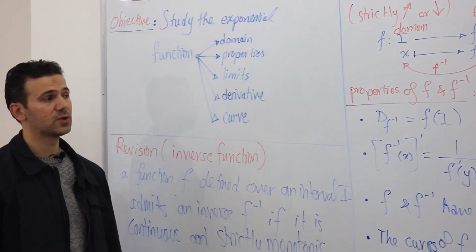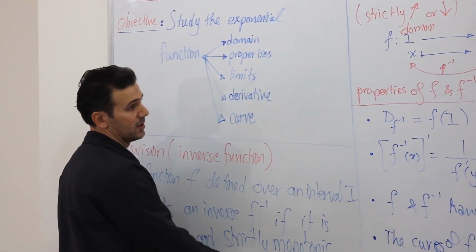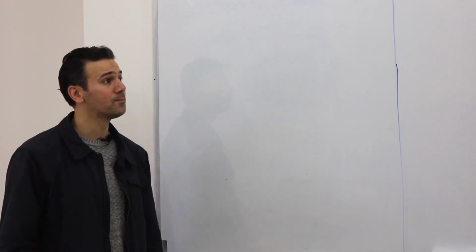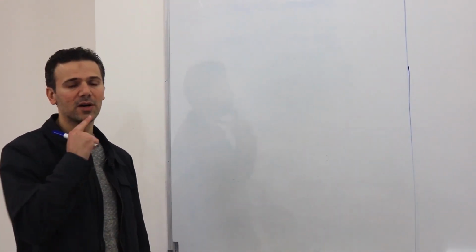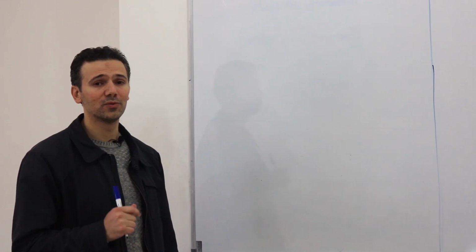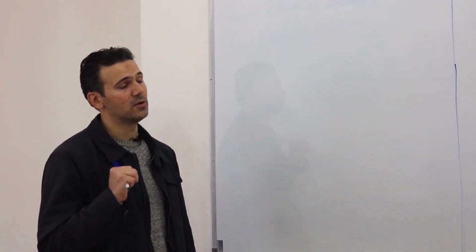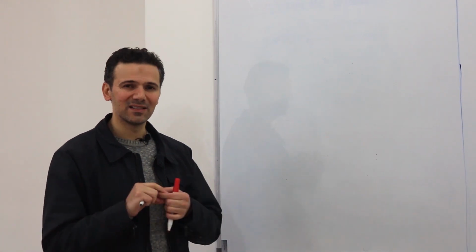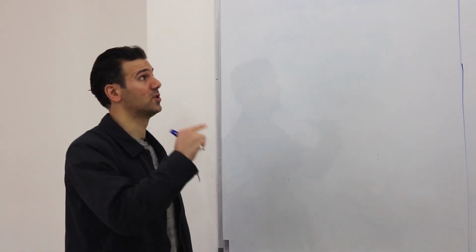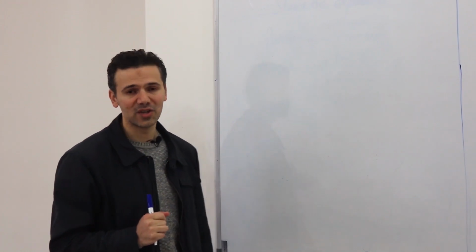logarithmic function, which we studied before in a previous chapter. Well, after this quick revision about the inverse function, we are going to recall together the logarithmic function, which is related to the exponential function, which is the title of this chapter.